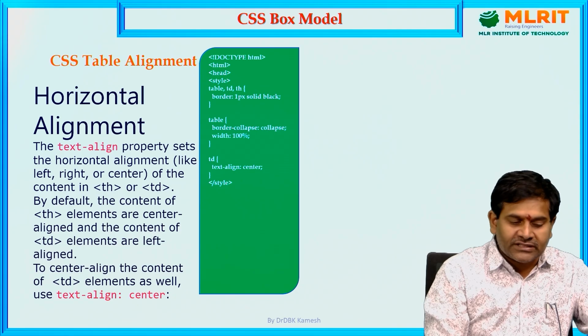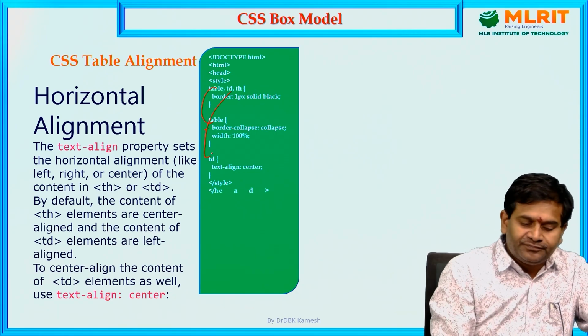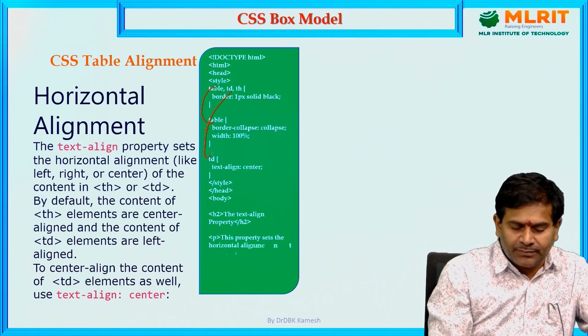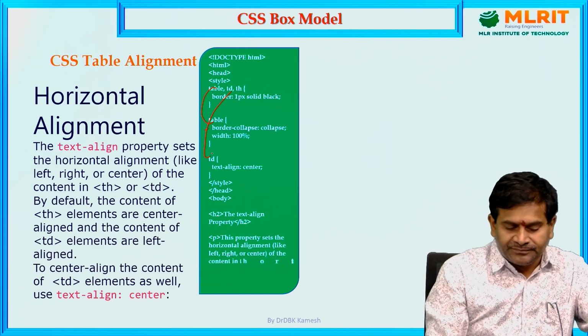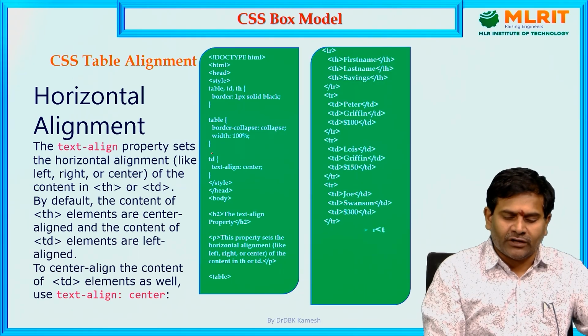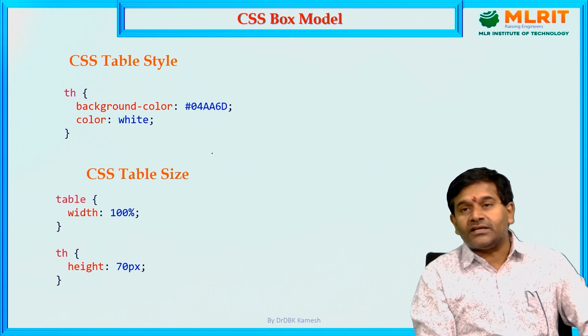Then see, we have given here the table, first one table we have TD now completed, right? In TH we have not given anything, only solid black we have taken. This is the example of particular table alignments. Previously what we have given automatically comes in the particular table. So these are the styles we have.